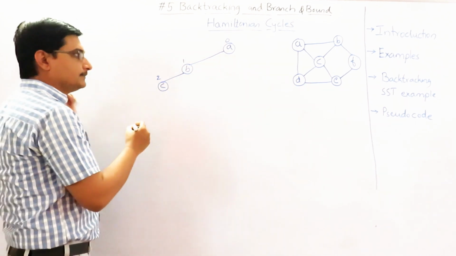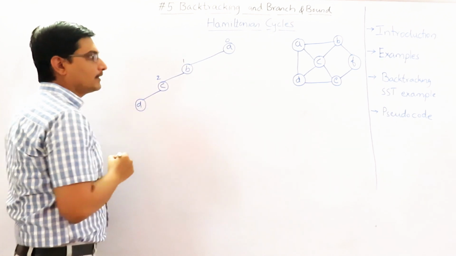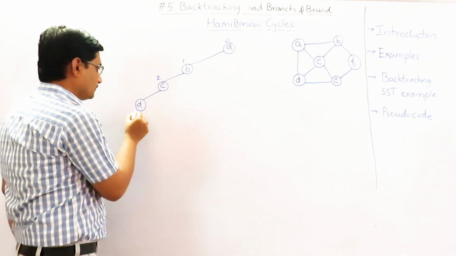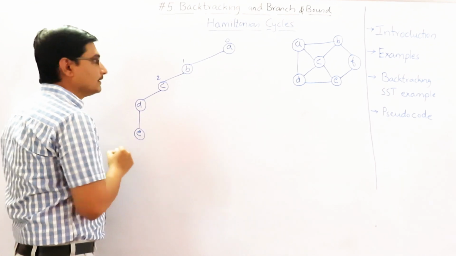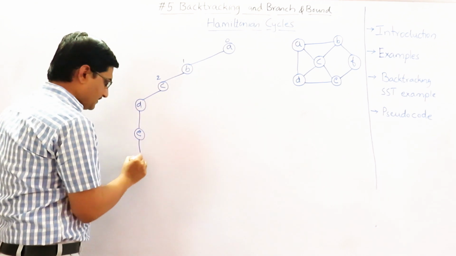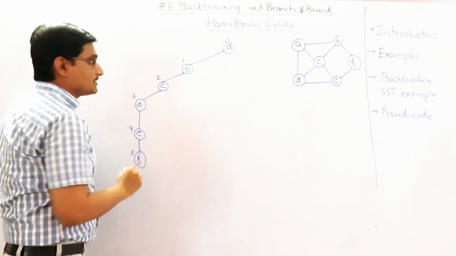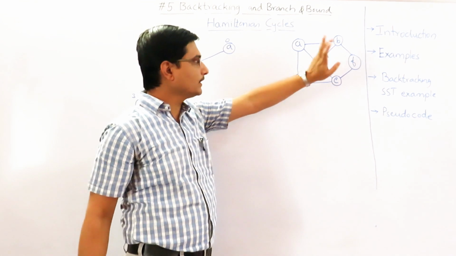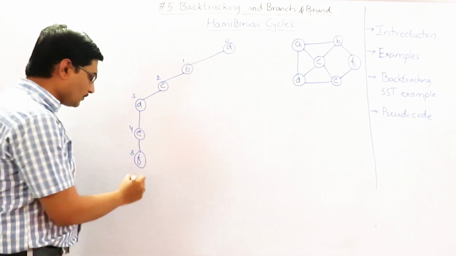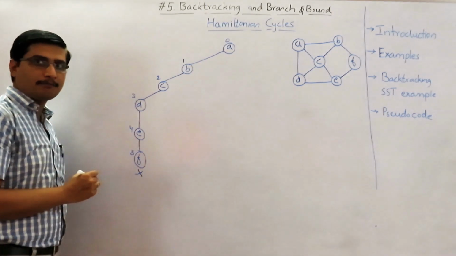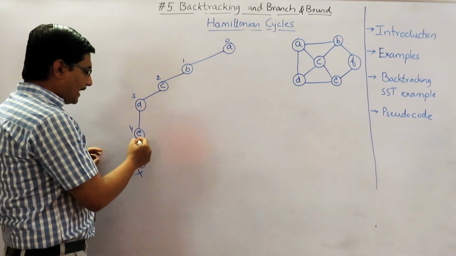So we will go for D. From D we have only one other, that is E. From E we can visit F. Say from F there is only one path, because E is already visited, that is D. D is already visited, so it has become a dead end. We cannot come back to the starting vertex from F. So we need to backtrack.